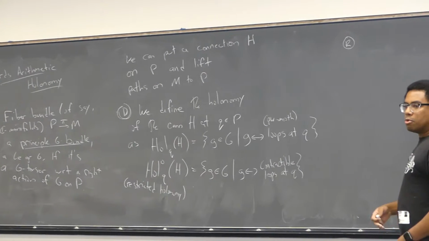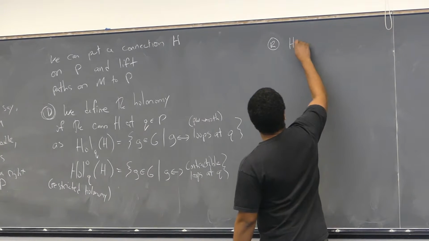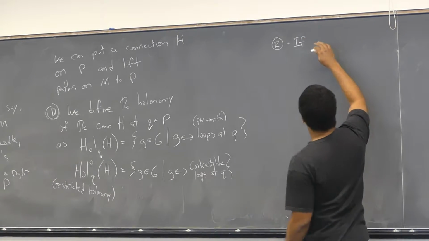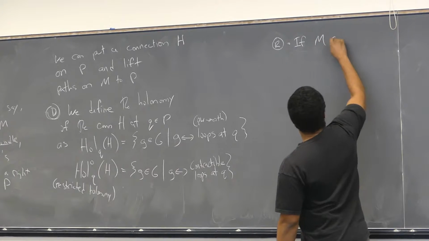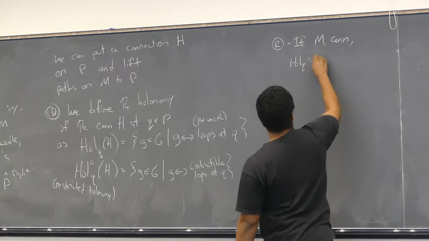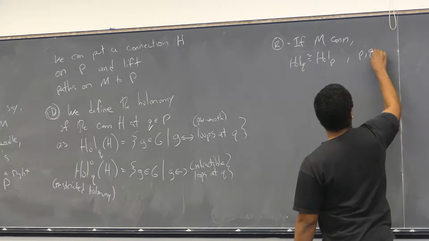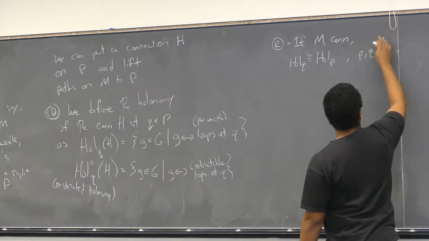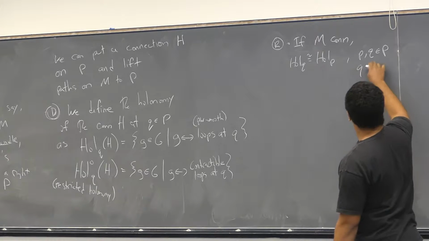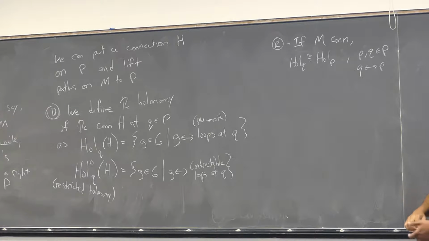And one can make a number of remarks here. There's some things to be said. In particular, one can show that, some bullet points here, if M is connected, I should move rather quickly, for Q and P, I'll use the arrows here to represent that Q and P are connected by some path.